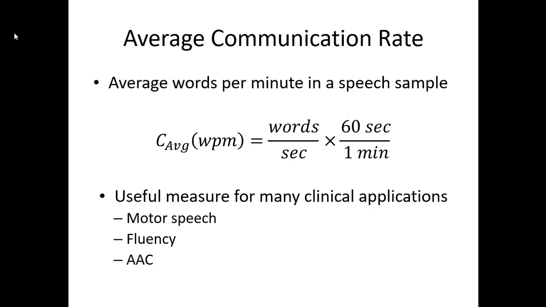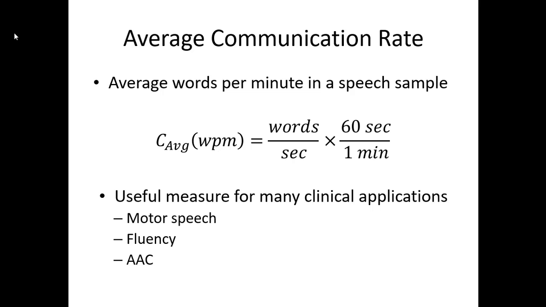Using this method, the clinician counts the total number of words that the client produces in that continuous speech sample and the number of seconds it takes to produce that speech sample, and then calculates communication rate by dividing the number of words by the number of seconds, and then using a conversion factor to change the unit of measure to words per minute instead of words per second.